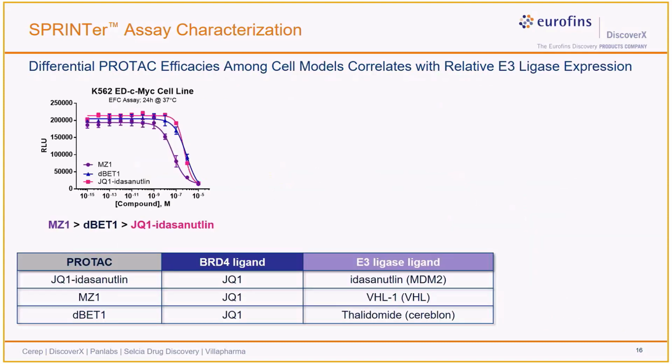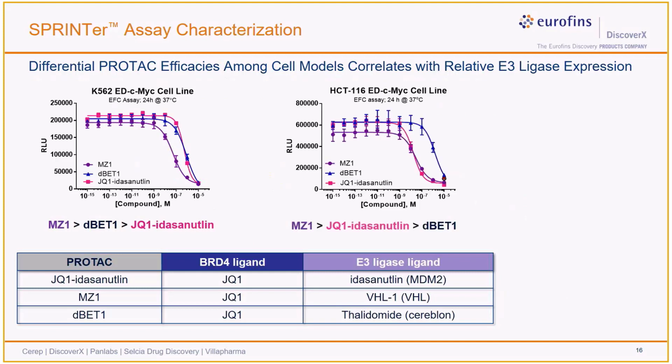A recent publication from the Crews Lab has shown great on-target potency of a Nutlin-based PROTAC that targets the MDM2 E3 ligase. When we test such a PROTAC, JQ1-Nutlin, in our K562 c-MYC biosensor, we find it is less potent than dBET1 and MZ1.